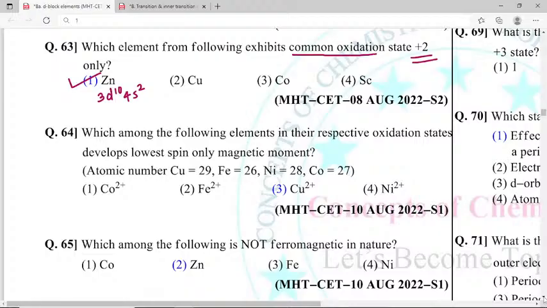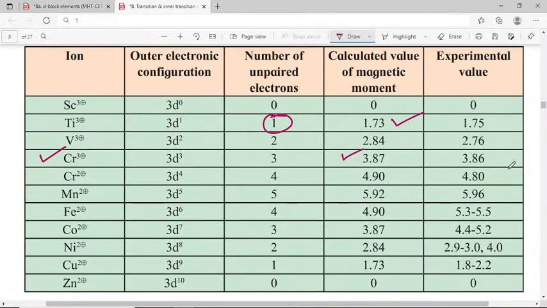Which among the following elements in their respective oxidation state develop lowest spin only magnetic moment? Copper 2 plus, 3d9. So it has 1 unpaired electron, value 1.73 BM, Bohr magneton. This is the table.